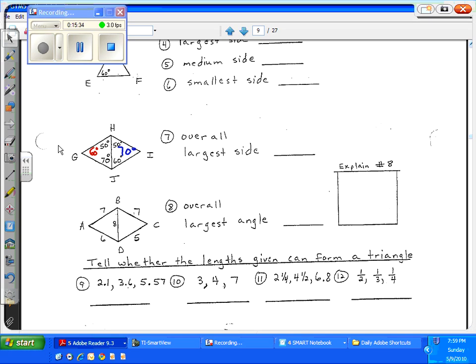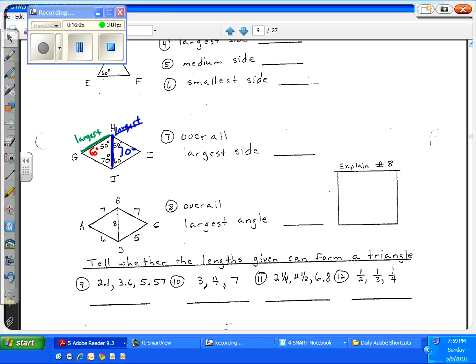Now, we know that in the triangle on the left, the largest side is GH. It is the largest side of the triangle on the left. We know that HJ is the largest side of the triangle on the right.